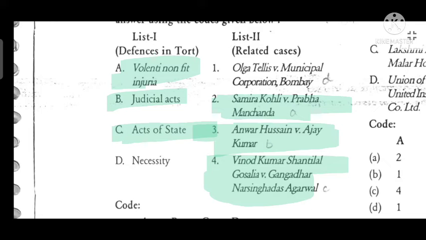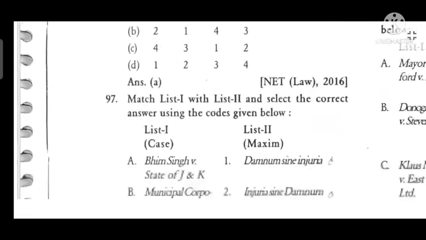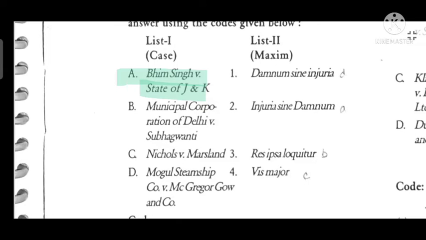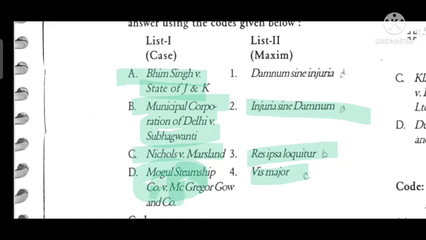Nirsingh Das Agarwal. Necessity. Olga Tellis versus Bombay Municipal Corporation. Bhim Singh versus State of Jammu and Kashmir. Injuria and Municipal Corporation of Delhi versus Subhagwati. Res ipsa loquitur. Nichols versus Marsland. Vis major. Mogul versus Steamship Company.